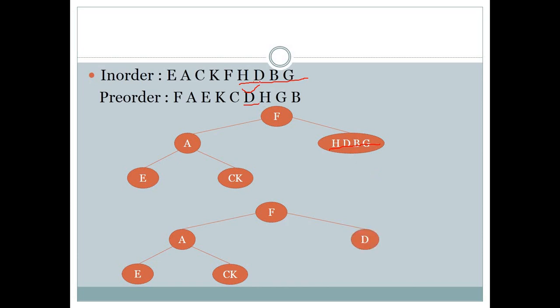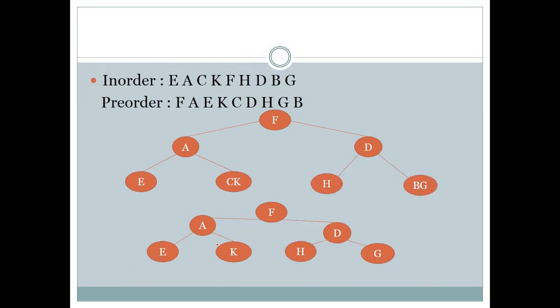After it, if we check D in our in order traversal, H will be the left node, or we can say left child of D, and the remaining BG will be the right side of our D node.